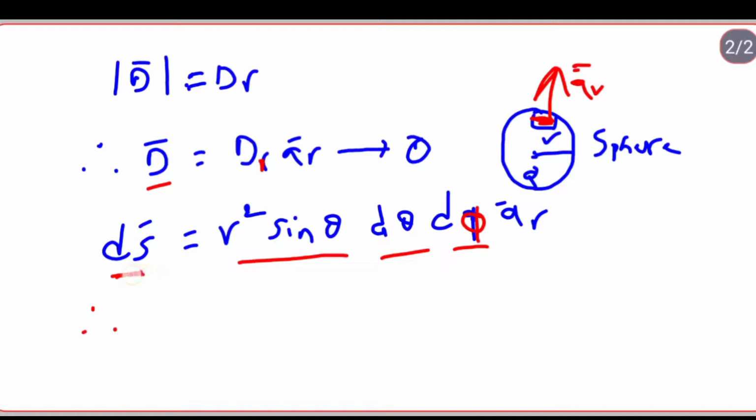The second step is to identify dS and its direction normal to the surface. dS in the spherical coordinate system is r squared sine theta d theta d phi ar.